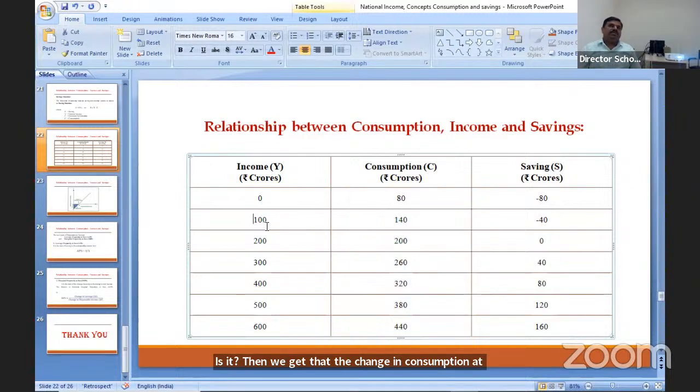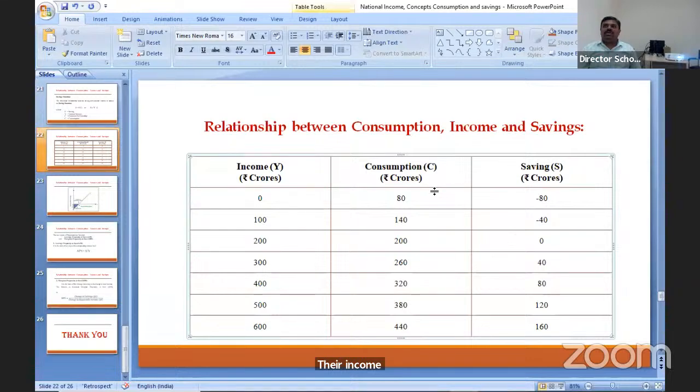For example, if the change in income at the second and third stage is 100 crore rupees, the change in consumption is only how much? 60 crore rupees. Here the change is 100, here the consumption changed by only 60. In this way, we can elaborate that the change in consumption will obviously be less than the change in income at every stage.